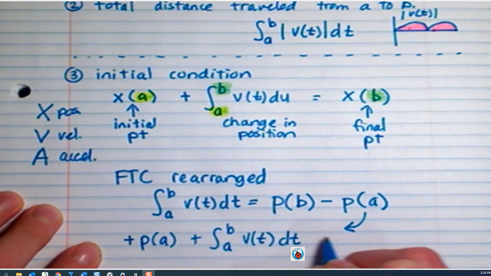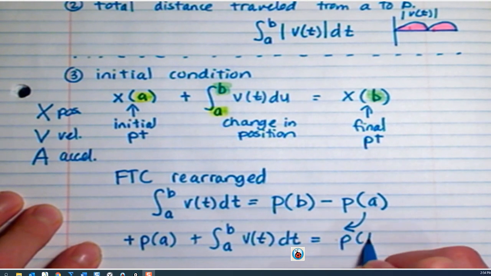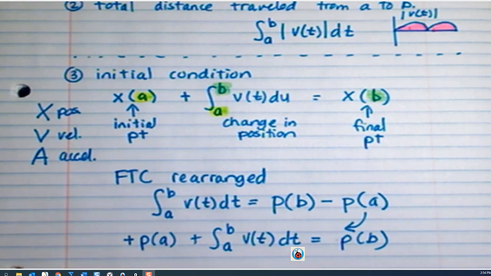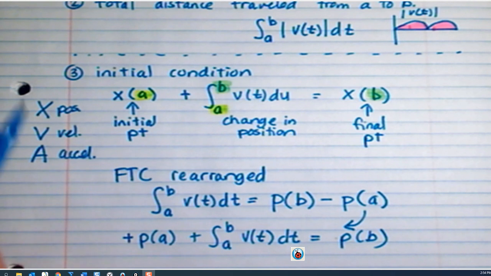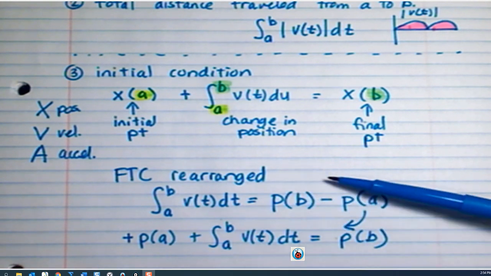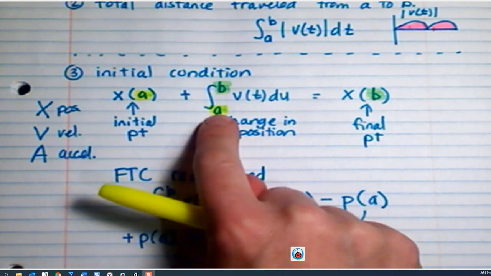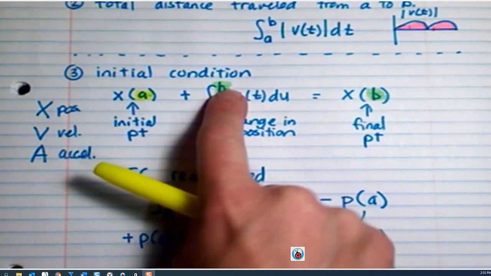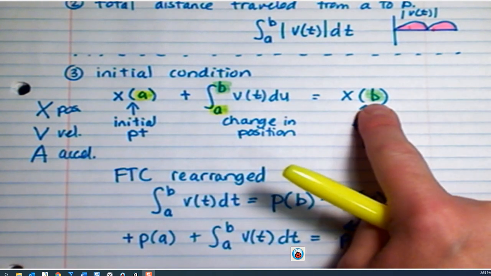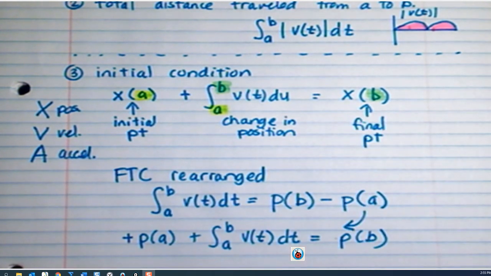This is still an algebra type class. You can rearrange things to fit your needs. So this is the initial condition, which is just fundamental theorem rearranged. That's why it's important that these two numbers here, A and B, match those antiderivatives, A and B, right there.